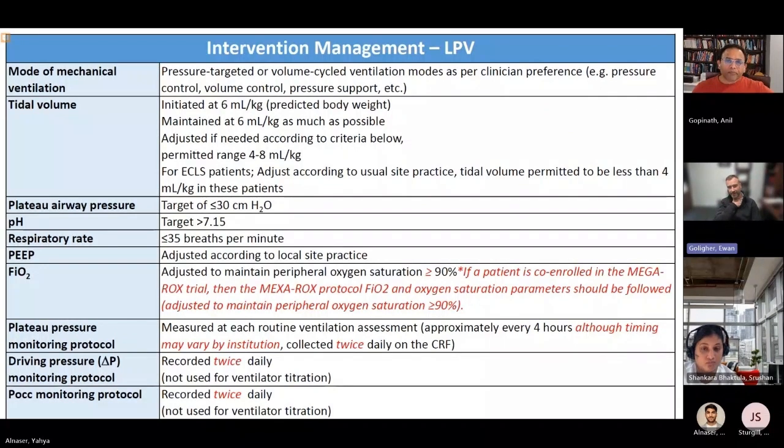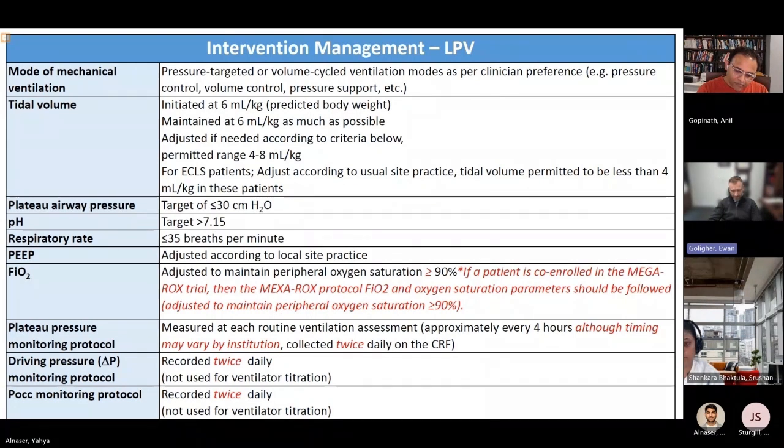And if your patient, by the way, ends up on ECMO for some reason, I don't know if you do have patients who end up on ECMO, but if they do, then we modified the control group management here to allow much lower tidal volumes if the lung is basically closed. As you know, the tidal volumes can sometimes be very, very low in patients with severe ARDS on ECMO. So we have that exception for ECMO patients.